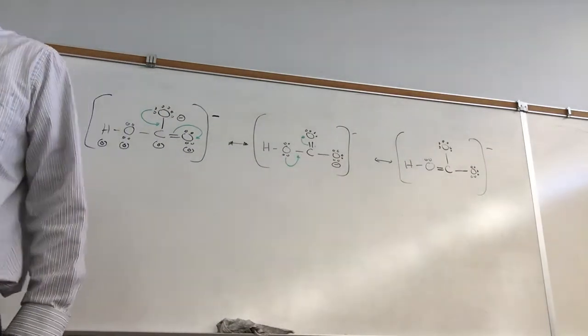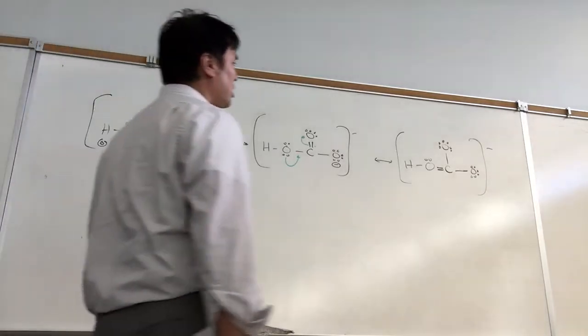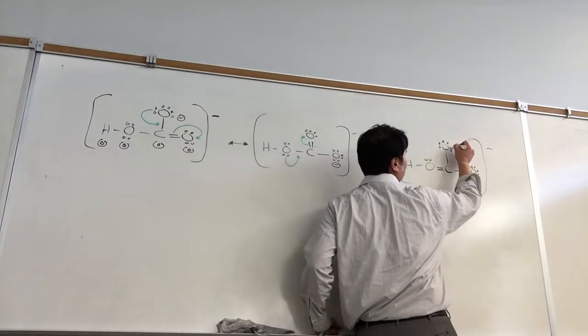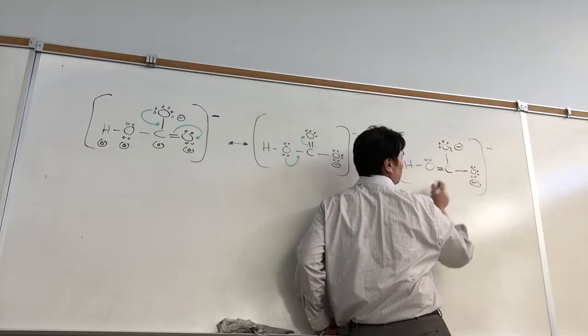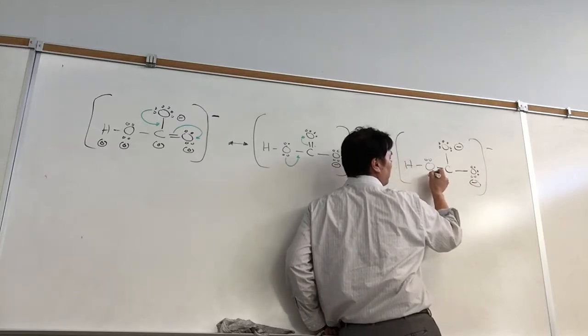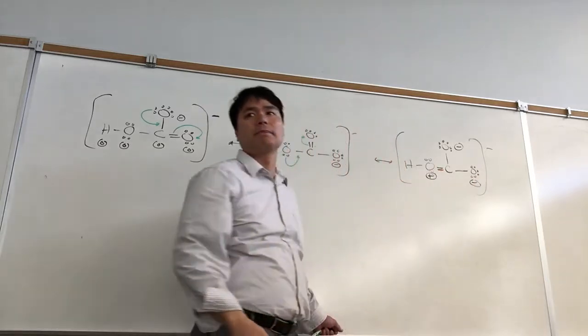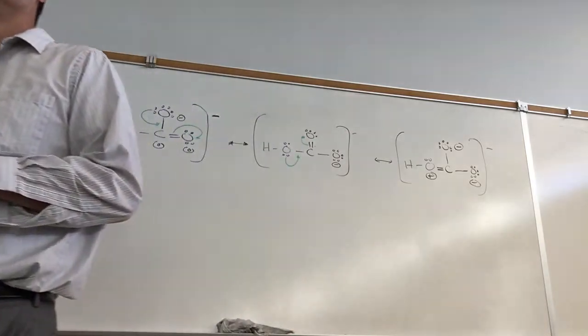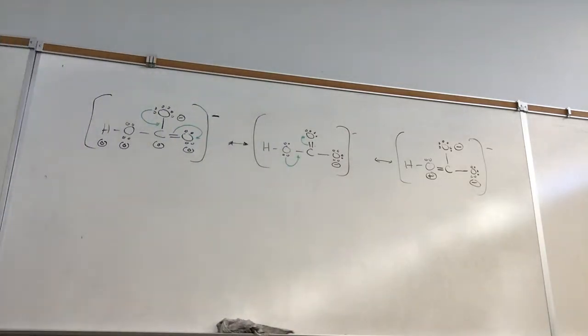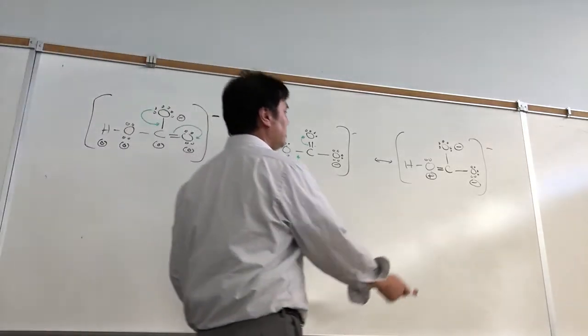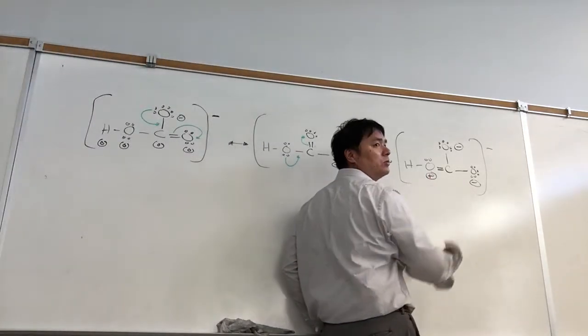But when we look at this structure and look at the formal charges, we have a negative formal charge on this oxygen, a negative formal charge on this oxygen, and on this oxygen we have a positive formal charge. Does that look good to you? No, this one looks very bad to me. Why is this oxygen the loser and this oxygen the winner?